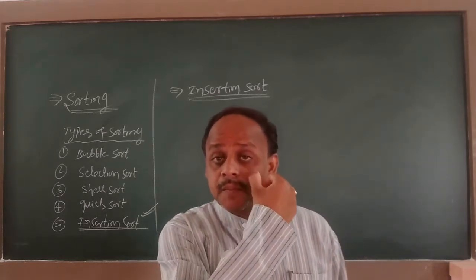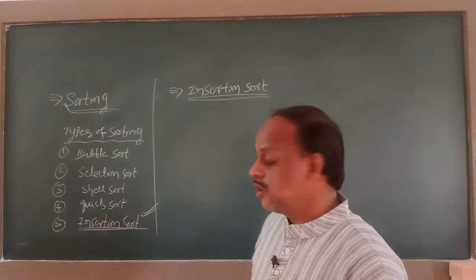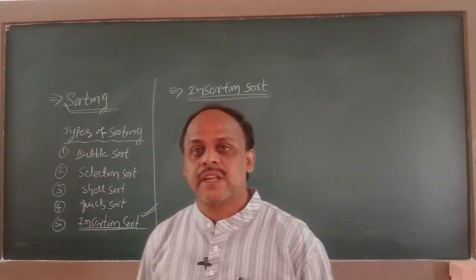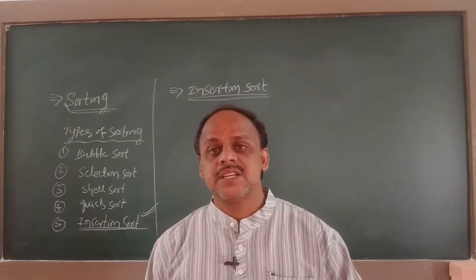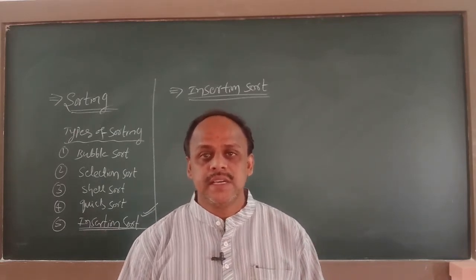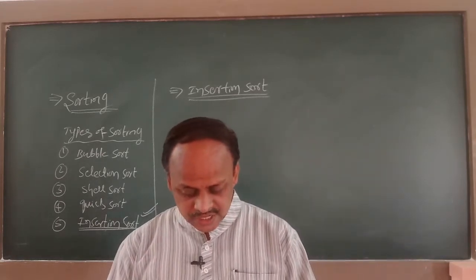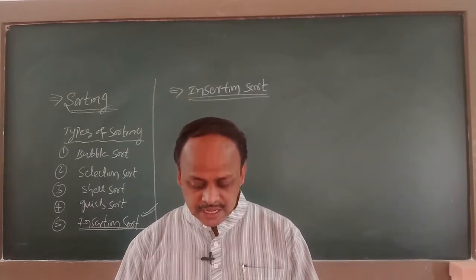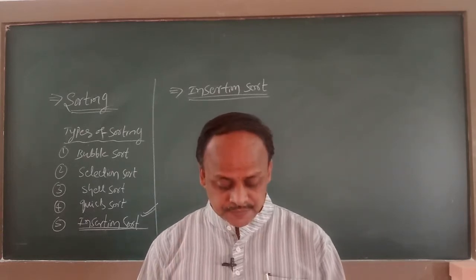Now let us see what is insertion sort. We know that it is also a type of sorting method. In the insertion sort method, initially an array is a collection of unsorted elements.